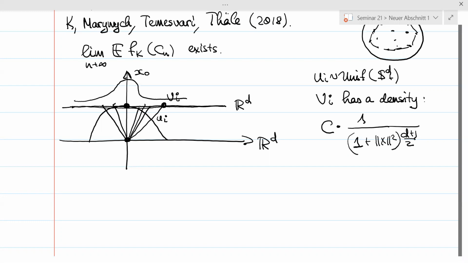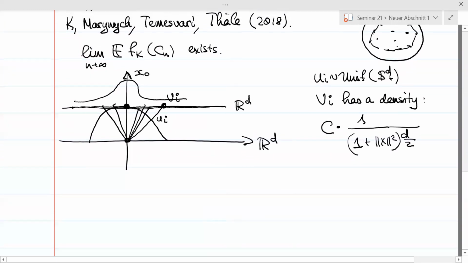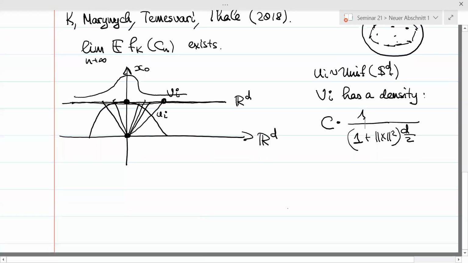It's strange. Maybe it should be d/2. Oh no, I'm sorry. d is equal to 1 on this picture, right? So (d+1)/2 is okay. We have d equal to 1 here.